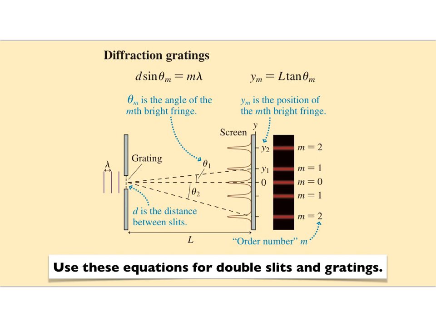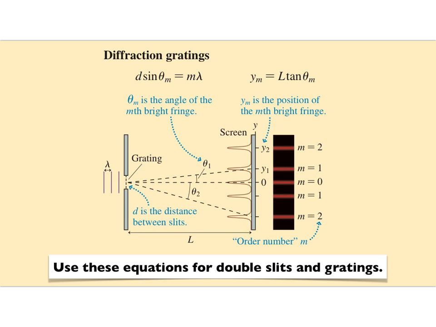Now, here's the basic relationship we're going to have for diffraction gratings. If I have light of wavelength lambda approaching a grating, and there's a spacing d between the slits of the grating, so I have a pattern of spaces where light can go through and where it can't. The spacing of the slits is given by this variable d. Then I have a distance L that a screen sits behind the slits.